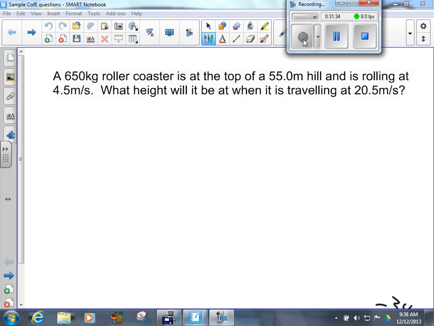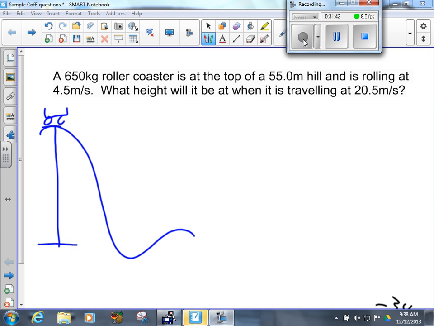So we've got a roller coaster of 650 kilograms, not that you'll need that number, at the top of a 55-meter hill, rolling at 4.5 meters per second.